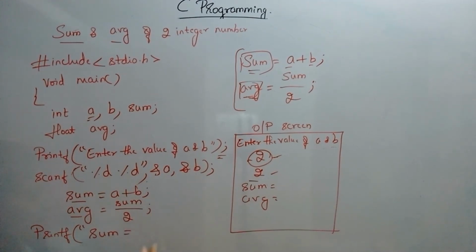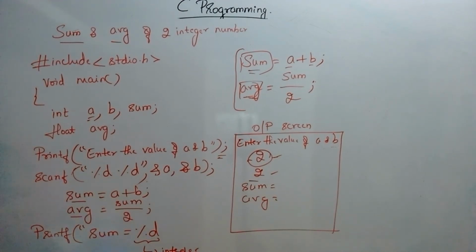Don't write direct values, because you know the value, that 2 plus 2 is equal to 4. Don't write 4 directly here. 4 is an integer, right? I am going to write %d, because the answer changes when you change the values. Sum is equal to %d. This %d means you are getting the answer in integer form.